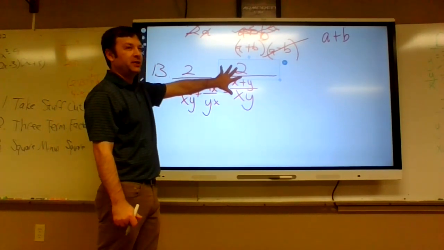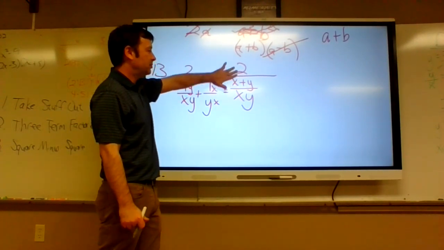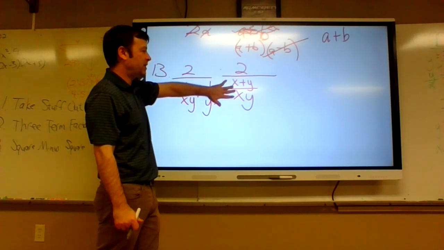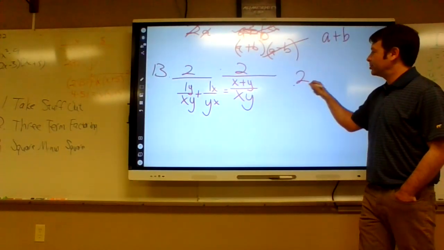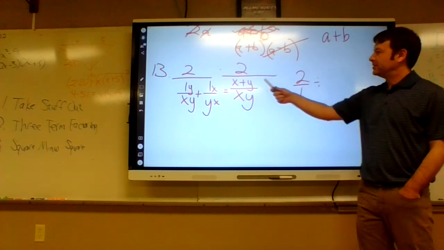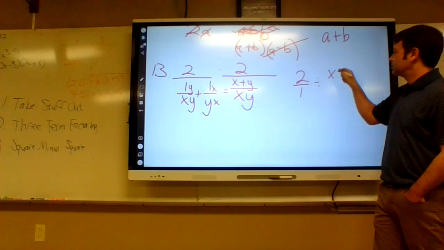Now it's a problem like number 11. It's 2 over 1 divided by this. So let me rewrite it in a way that looks easier to read. It's 2 divided by this.